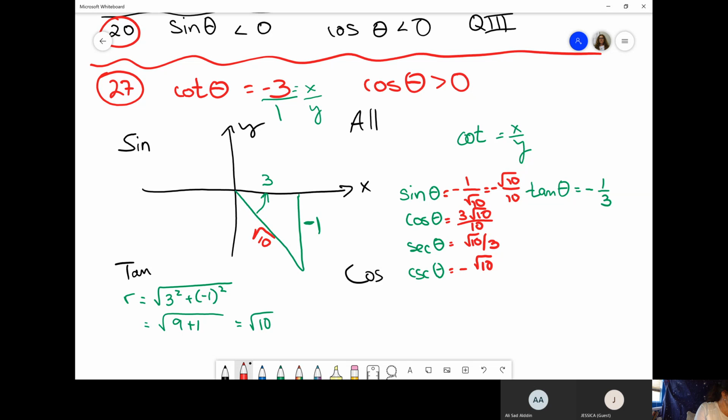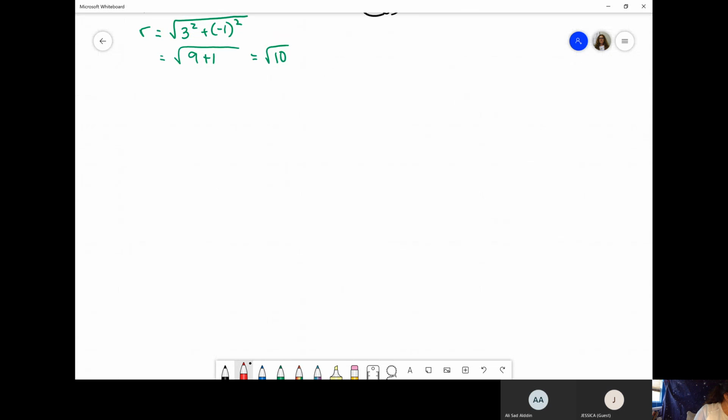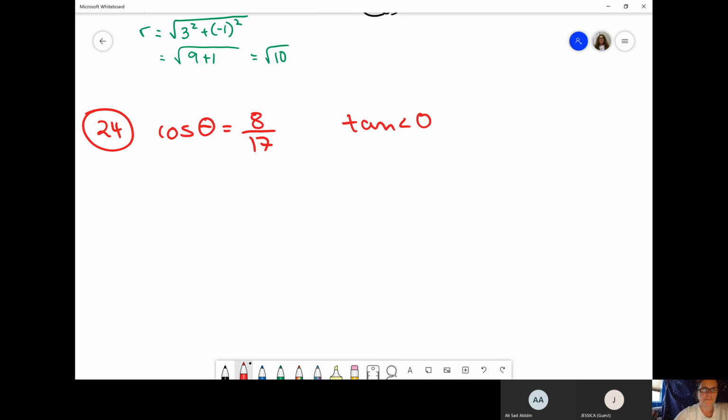Let's try that again. Let's do another one. How about 24? Number 24 says the cosine of theta is 8 over 17 and the tangent is less than 0.